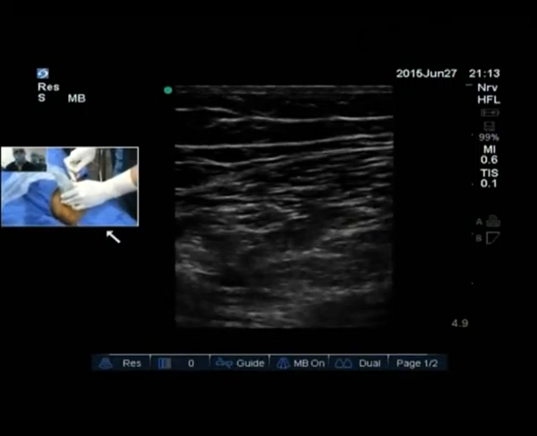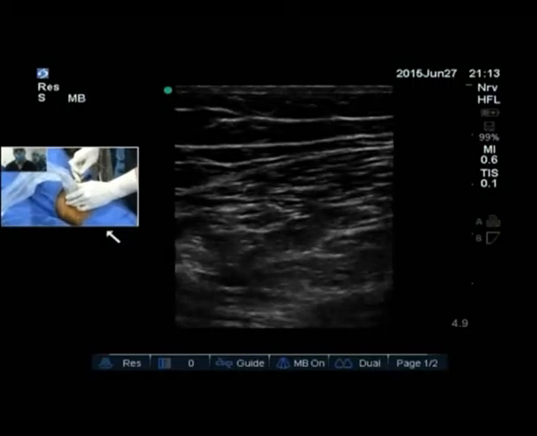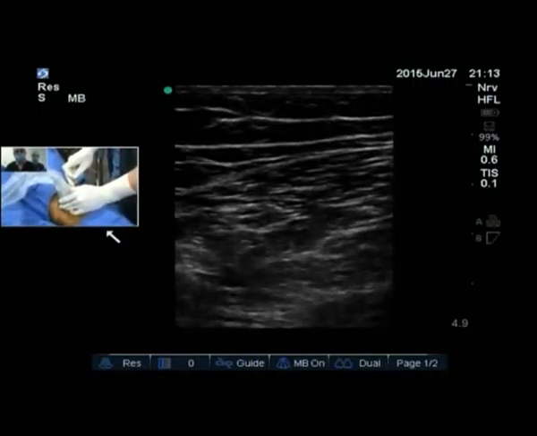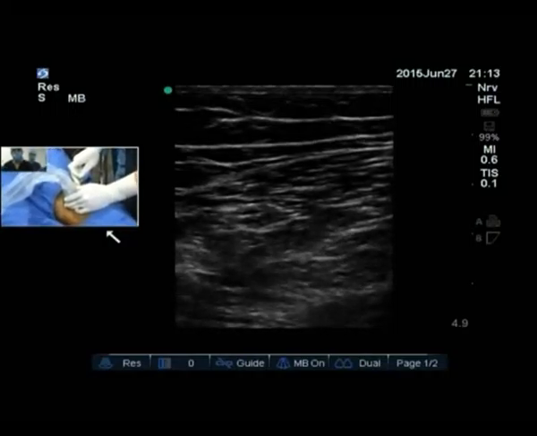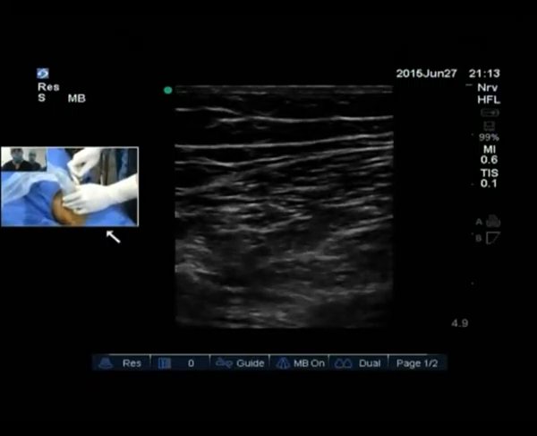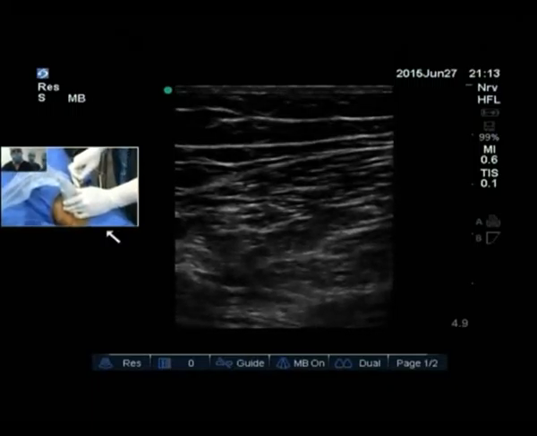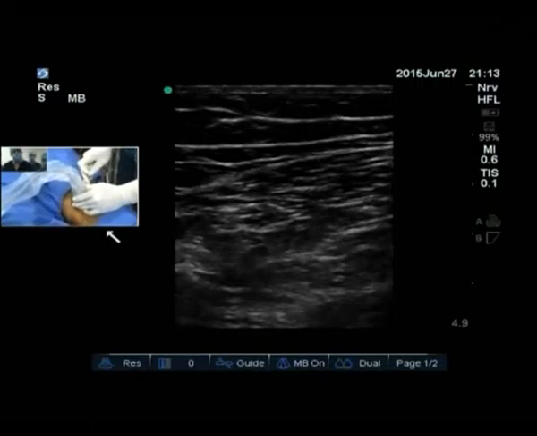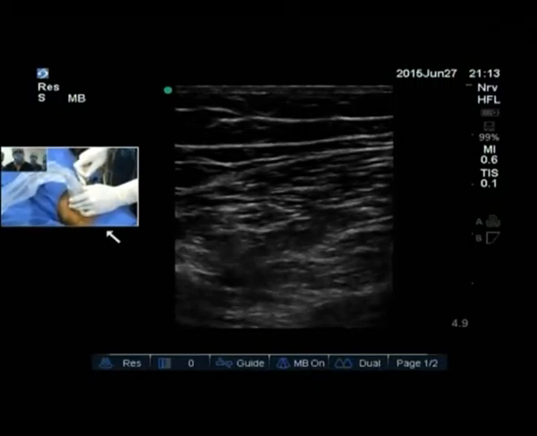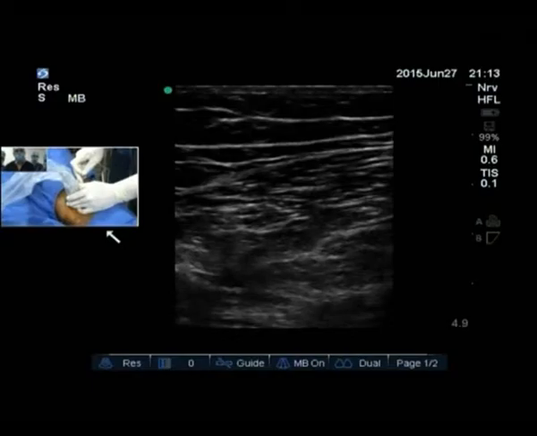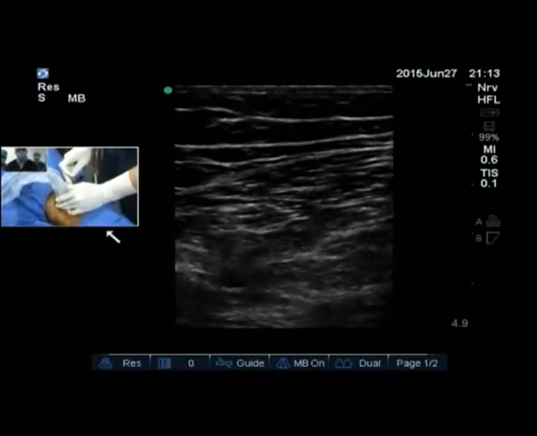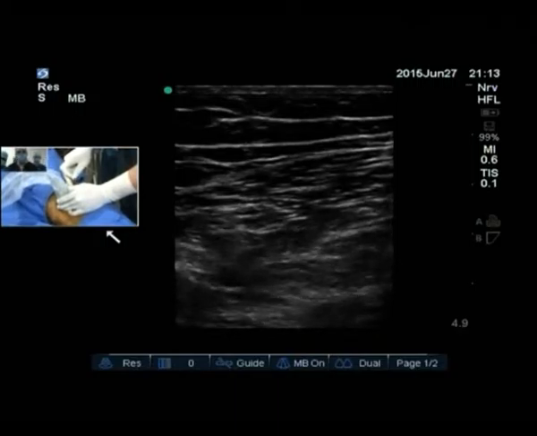It's very difficult to pick up the needle. Could you increase the gain a bit, sir? Can you see that? I'm just moving the needle. You can see it's close to the artery now. I'm just going even closer. I'm almost there now. Not been able to visualize it very well.